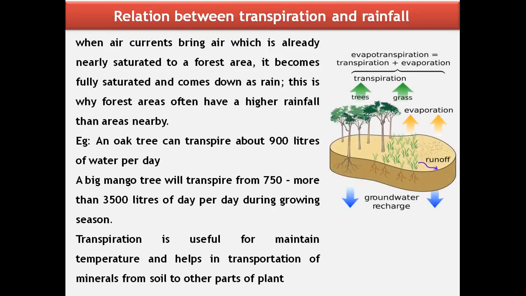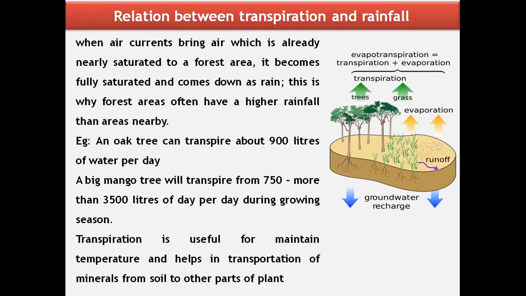Transpiration is a process by which the aerial parts of the plants lose water in the form of vapor. Already we know that the aerial parts like stomata present in the leaves and lenticels present on the stems lose water in the form of vapor.